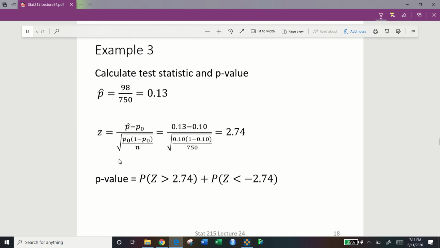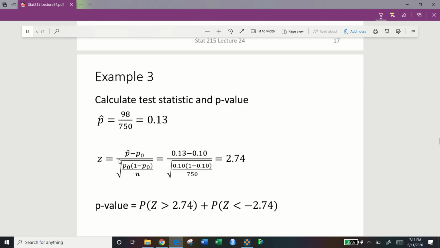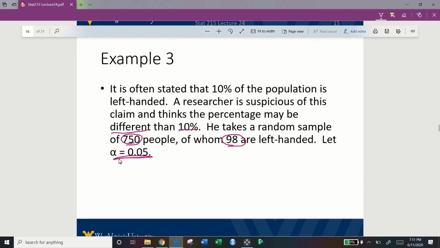Next, we can go ahead and calculate our test statistic and p-value. But before we do that, we should check our assumptions. Now, we are taking a random sample of 750 people, of whom 98 are left-handed. Without even having to do the math, I know that n times p naught, which is 750 times 0.10, is going to be greater than or equal to 5.